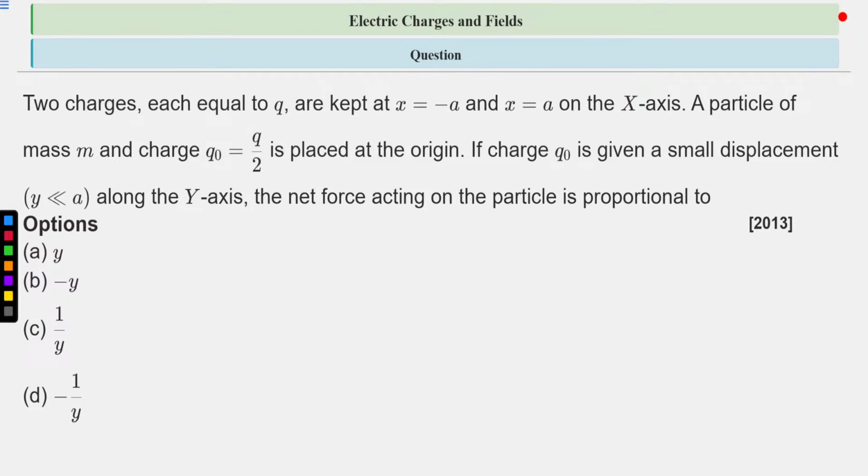If charge q naught is given a small displacement y, much less than the distance of separation, the net force acting on the particle is proportional to. The options are y, minus y, 1 by y, or minus 1 by y. I will give you some time to think about it.